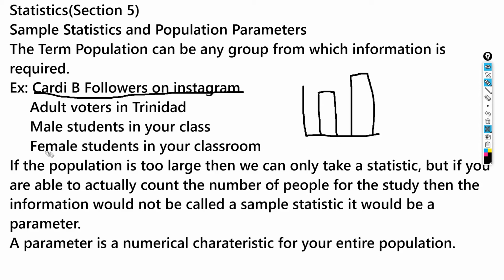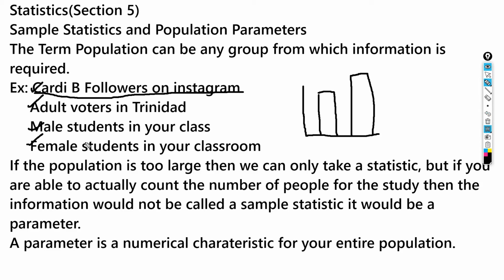So in that case, you can count the female students in your class, you can count the male students in your class, you can count the adult voters in Trinidad, and you can count the number of Cardi B followers on Instagram to a certain extent. So that's the reason why these are examples of parameters, right?